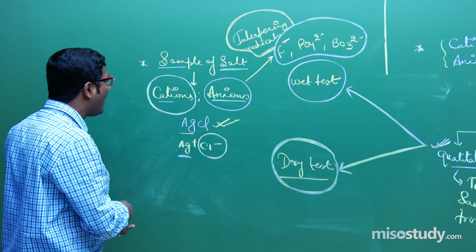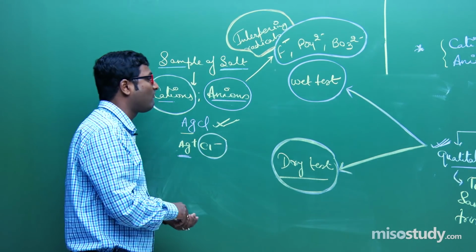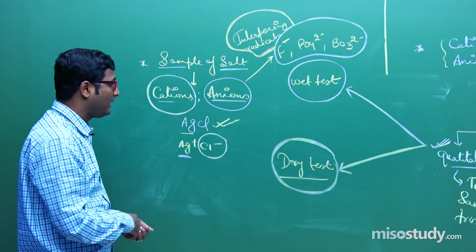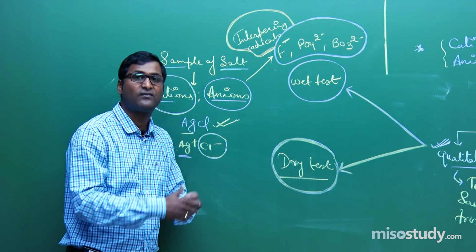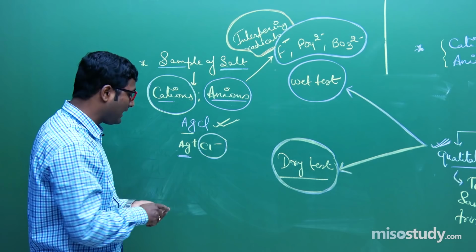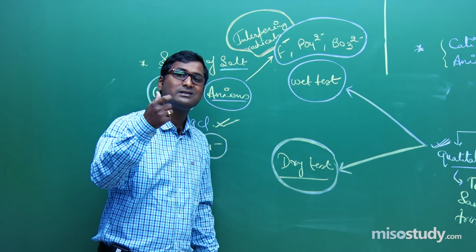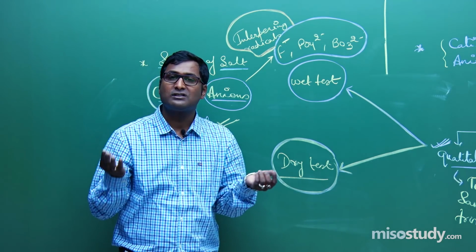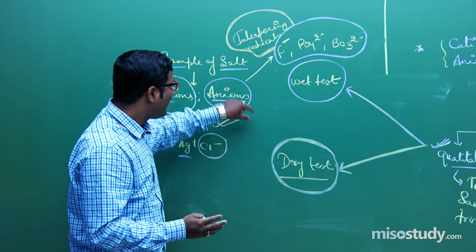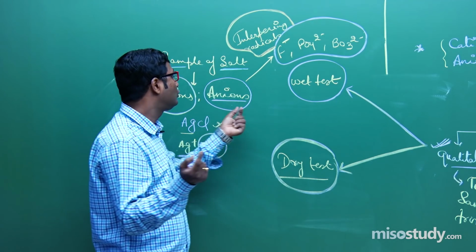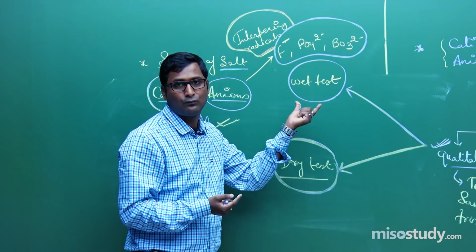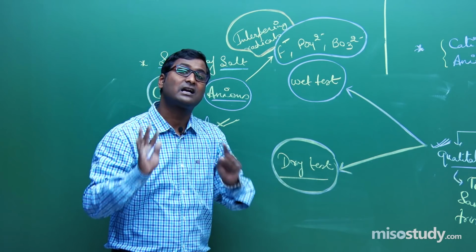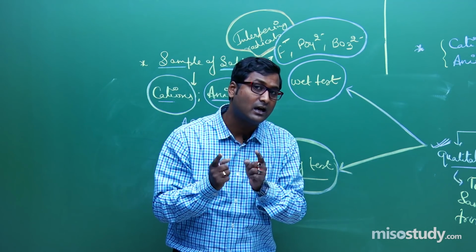Clear to you? Now anions and cations are further divided into different categories. But again I am telling one thing, there is no proper scheme or method to categorize them. It is just for our convenience.